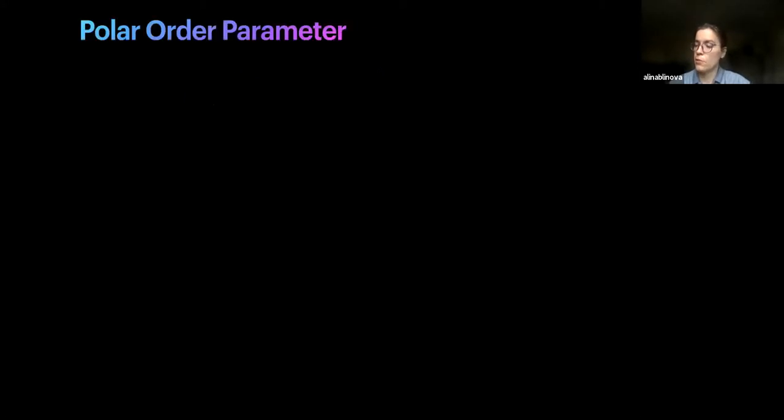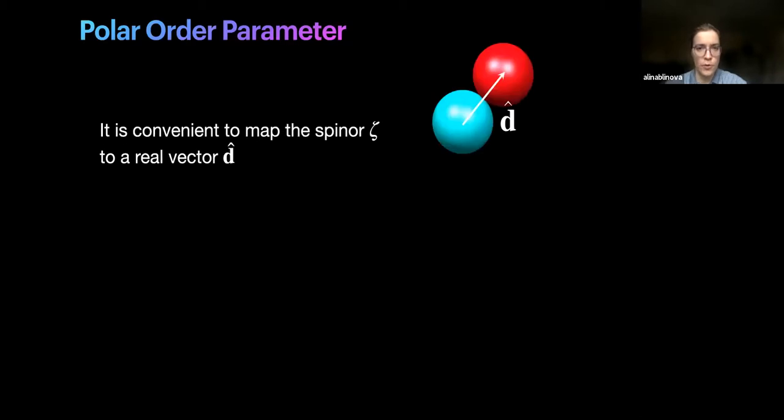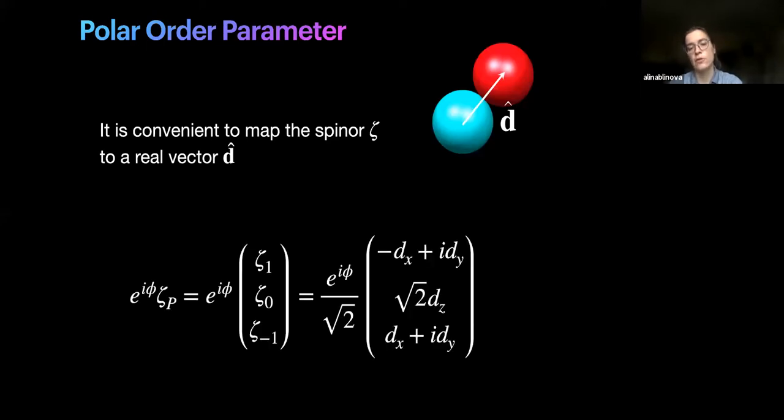So again, just a little more detail about the polar order parameter. To describe the polar order parameter, it is useful to map the spinor into the real vector, which we call the director, which just points in some direction in space. And the polar phase in the BEC is distinguished by the fact that there's a discrete spin gauge symmetry.